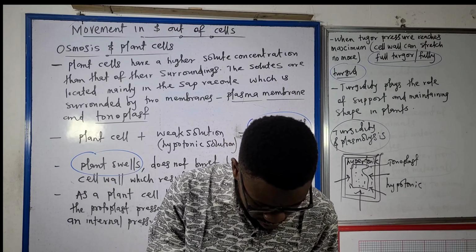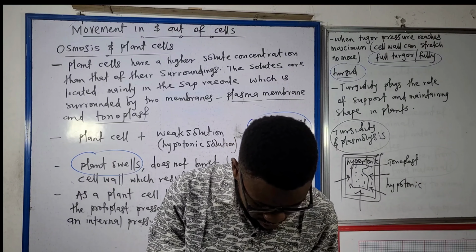And when water is drawn out, the content on the inside of the cell, the protoplasm, is going to shrink. And then the cytoplasmic lining of the cell is going to be pulled away from the cell wall, such that, as you can see in that diagram, the whole content of the cell is going to be rounded into a very small ball.